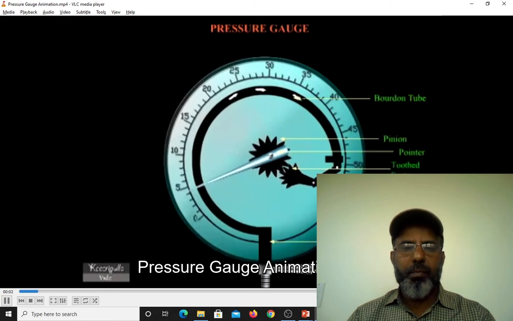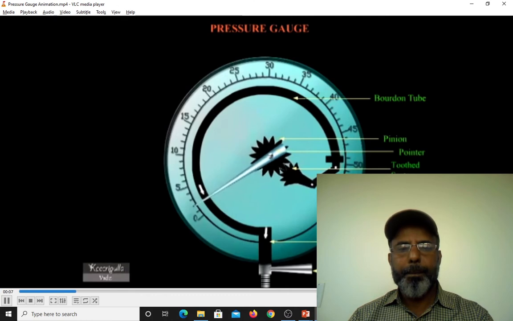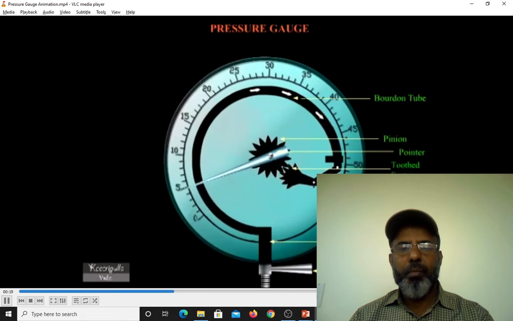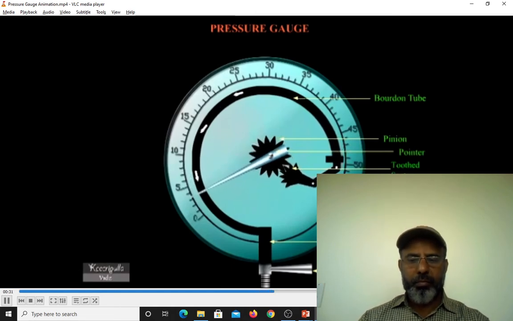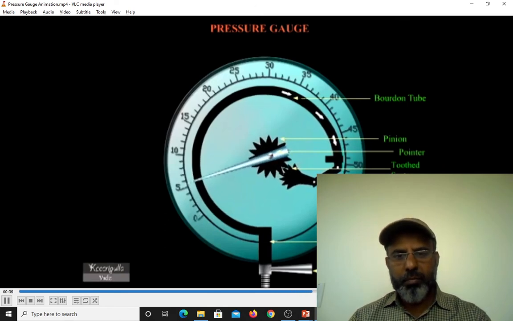Working. When steam enters the elliptical tube, the tube section tries to become circular, which causes the other end of the tube to move outwards. The movement of the closed end of the tube is transmitted and magnified by the link and the toothed sector. The magnitude of the movement of the sector is indicated by the pointer on the dial.